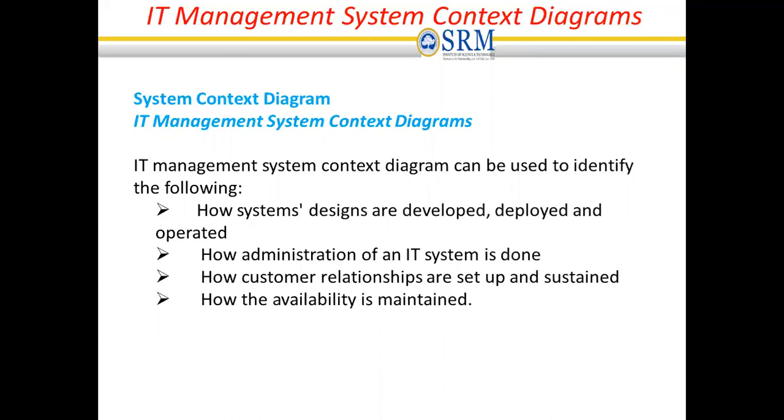How systems are designed, developed, deployed, and operated, how administration of an IT system is being done, then how the customer relationships are set up and sustained, how the availability is maintained.